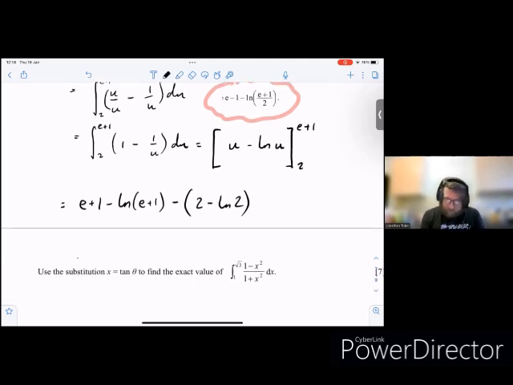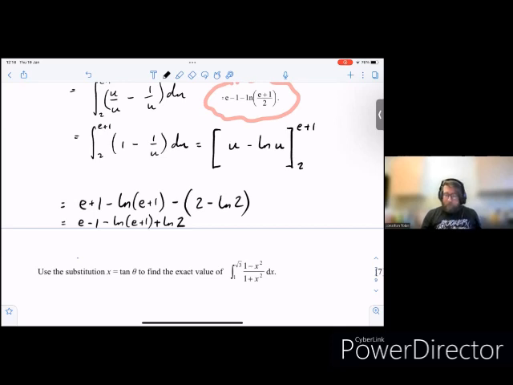It does very quickly actually, because if we collect, we've got e plus 1 minus 2 there, so that becomes e minus 1, and then we have minus log e plus 1 minus minus log 2.